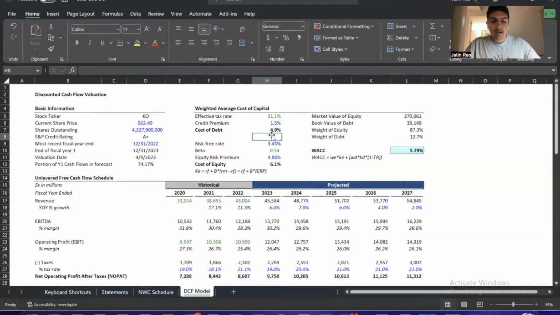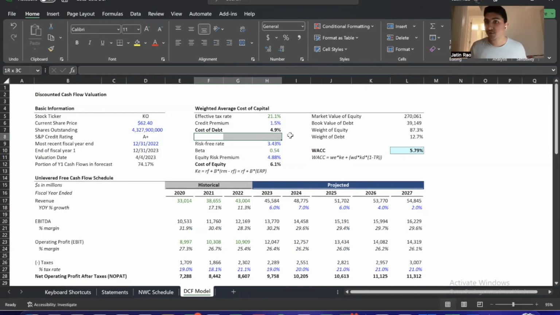So for cost of debt, it means that a firm's debt investors are expecting a certain return on their investment, right?